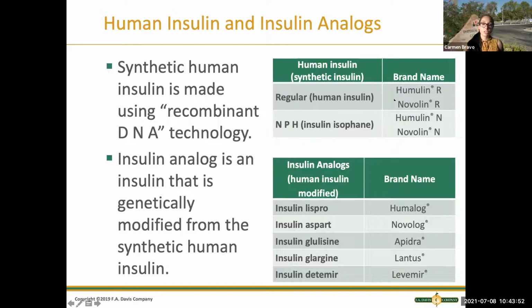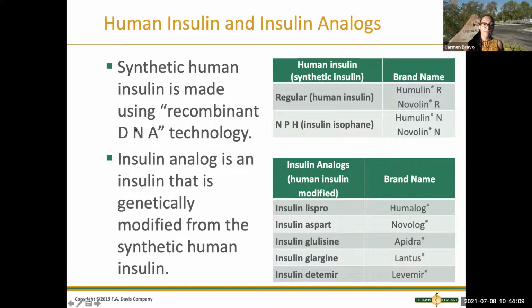These are the common brand names for them. Regular will have the R next to it, so you know it's Humulin R, Novolin R. Those are the brand names. And then the NPH, Humulin N or Novolin N.